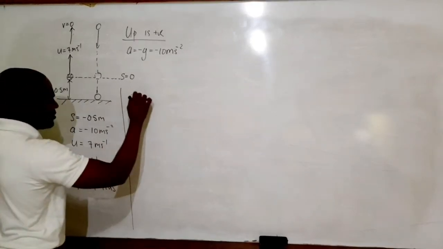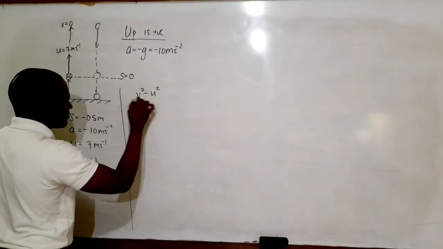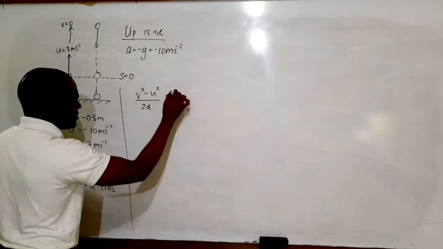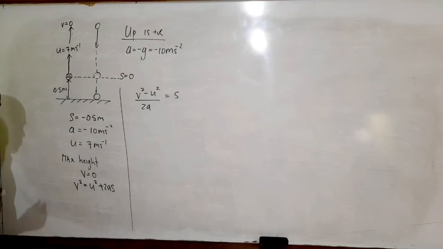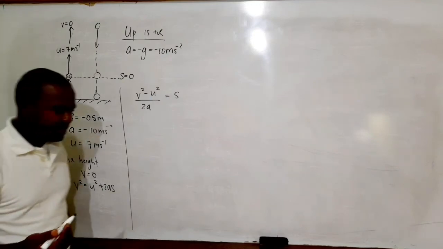So we have V squared minus U squared over 2A is equal to S. And S of course represents the displacement, which in this case is a vertical displacement and would therefore represent the vertical displacement from its initial level of projection, right? So the question basically asks for the height above this point.